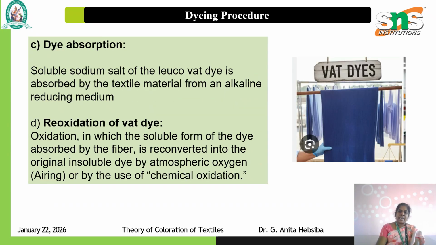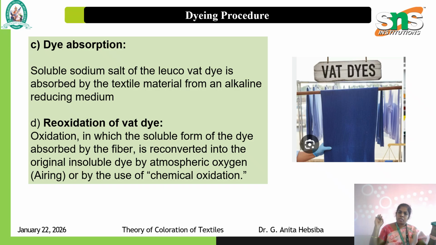Now these vat dyes get absorbed in the fabric in the soluble form from the alkaline reducing medium. Then reoxidation of the vat dye is required so that the soluble form is converted to the insoluble form. When you expose it, you need not go for any other chemical treatments.